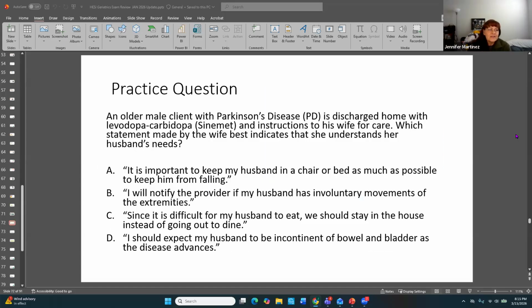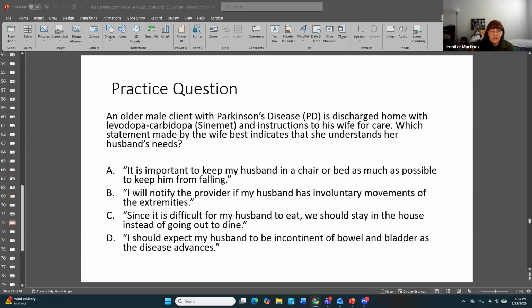All right, so here we have some more questions. An older male client with Parkinson's disease is discharged home with levodopa carbidopa, or Sinemet, instructions to his wife for care. Which statement made by the wife best indicates that she understands her husband's needs?